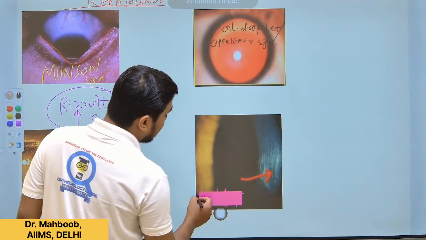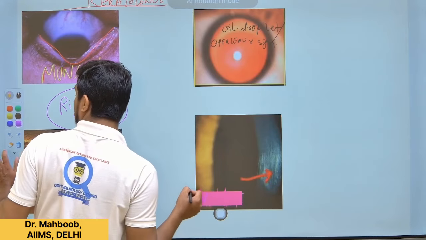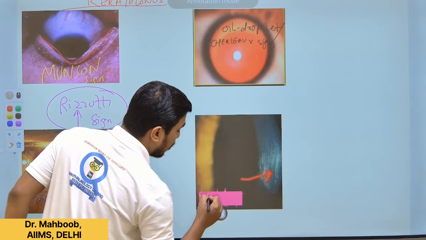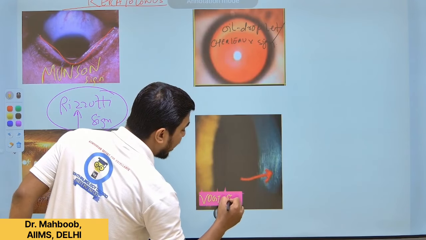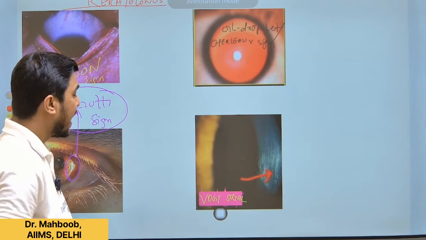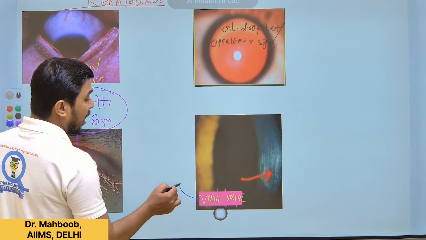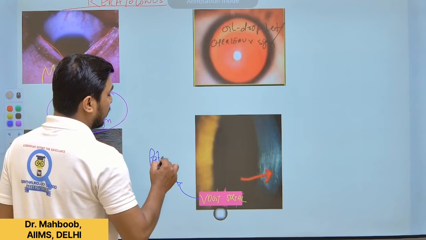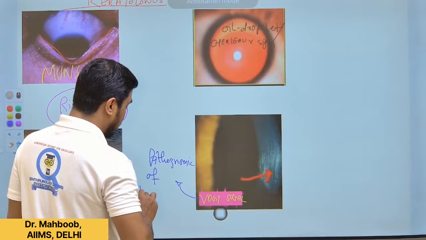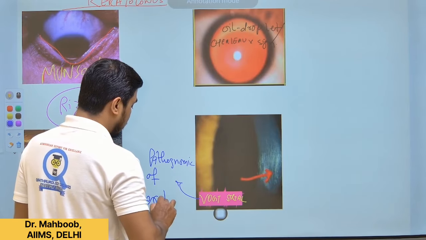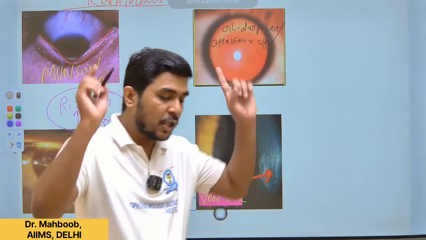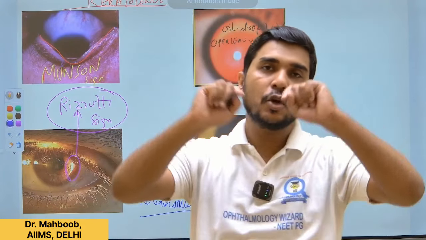This striation is called Vogt's striae. It is pathognomonic of keratoconus. Understood?